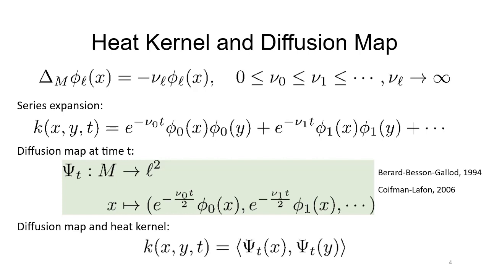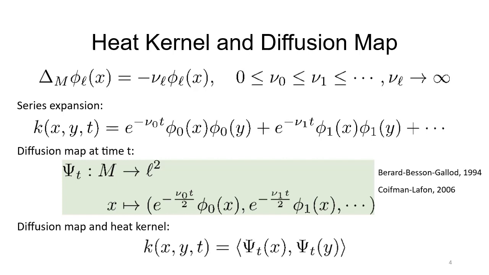Think of this sequence space as an infinite dimensional Euclidean space. And the coordinate functions are defined by this: e to the minus nu_l t over 2 times phi_l at x. So this map is the so-called diffusion map.